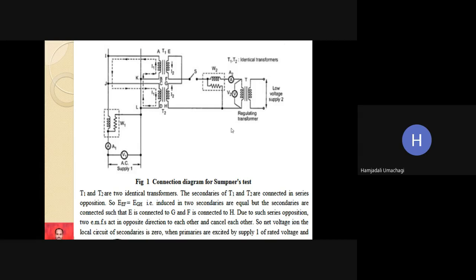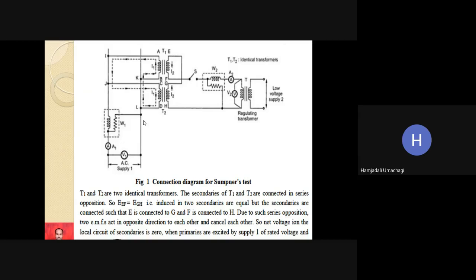Right. So first, the primaries are excited by supply of rated voltage. Primaries means the first primary of T1 and the first primary of T2. These two are connected to the power supply lines and they will be excited with rated voltage, because in an open circuit test we should always apply rated voltage.